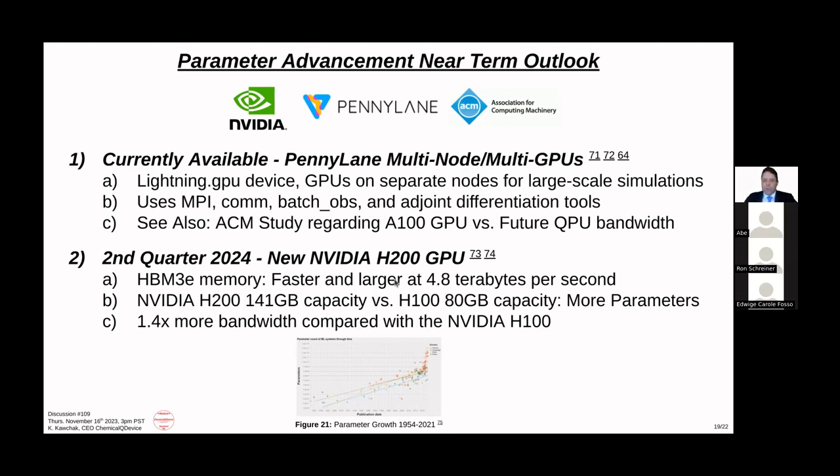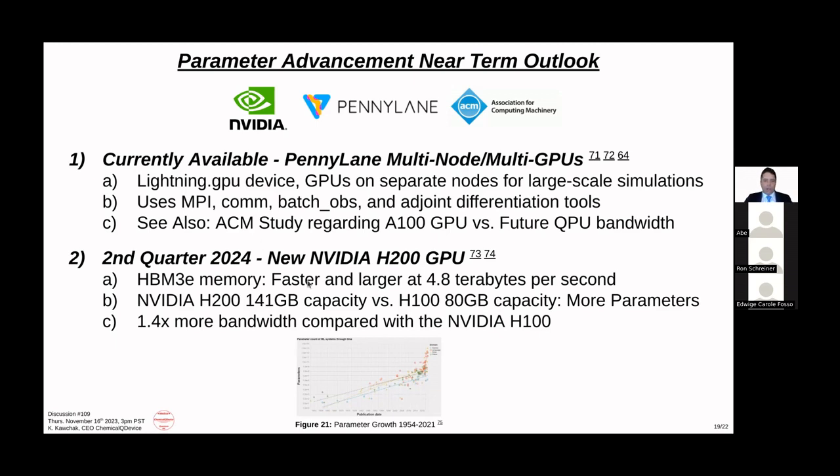They're saying faster and larger at 4.8 terabytes a second, and also a RAM bump, 141 gig capacity versus 80 gigs. The A100 that I can run on Colab is actually only 40 gigs, but it can go up to 80.